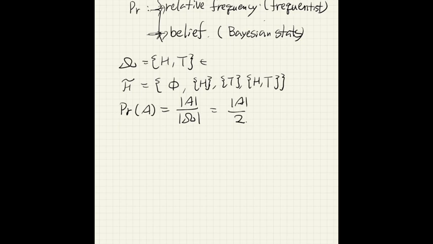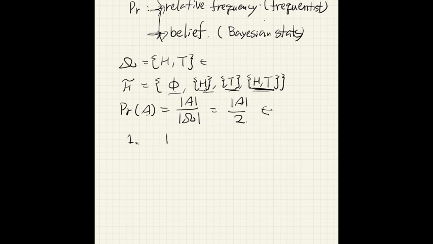And the cardinality of this A, A is one of these 4, cannot be greater than 2. So it satisfies the first axiom. If we define probability in this way, if A is the empty set, it's 0. If A is either H or T, then the cardinality is 1, so it will be 1/2. If A is omega, then this probability is 1.